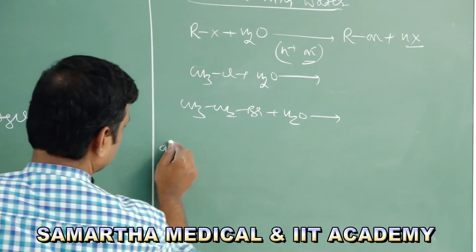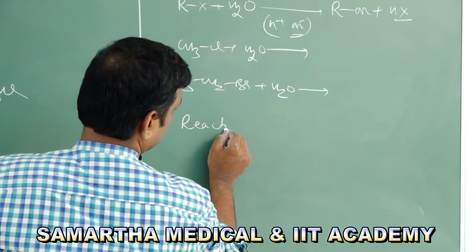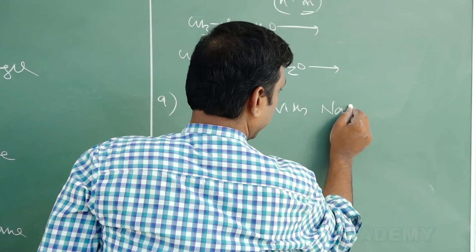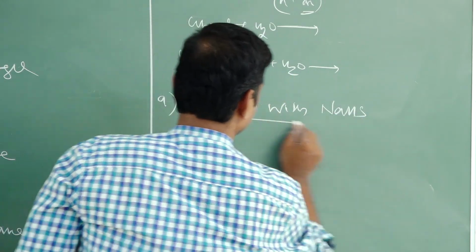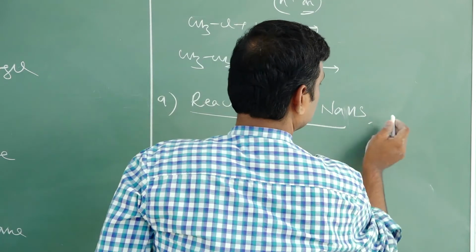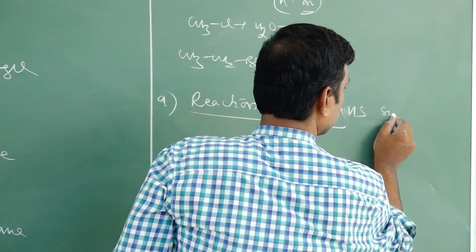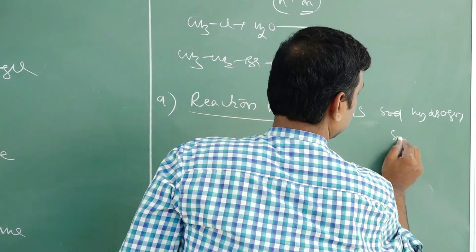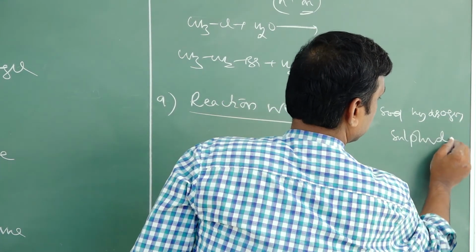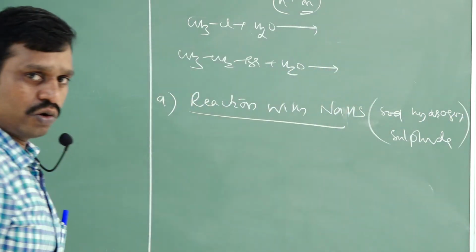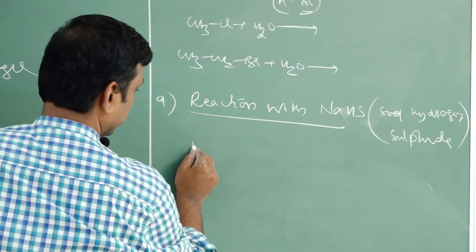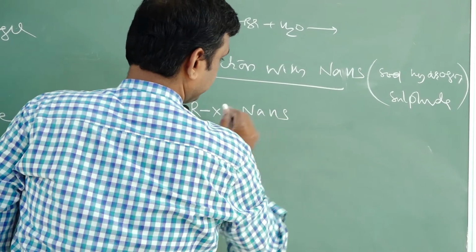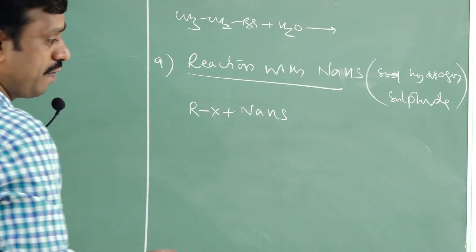Next, ninth, reaction with NaHS, called sodium hydrogen sulfide. Alkyl halide reacts with NaHS, sodium hydrogen sulfide.